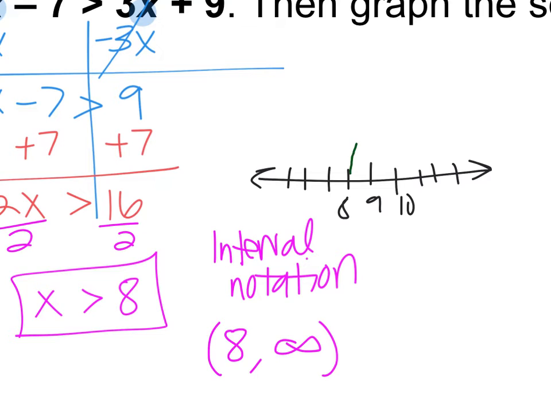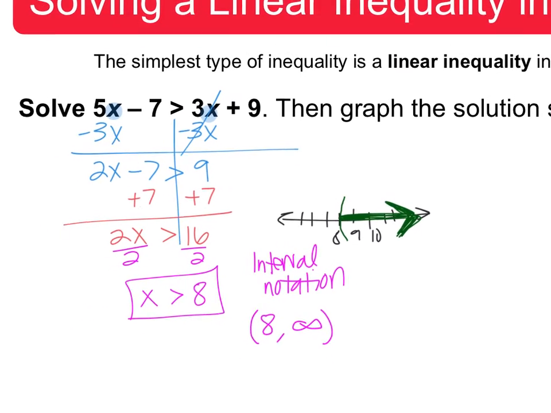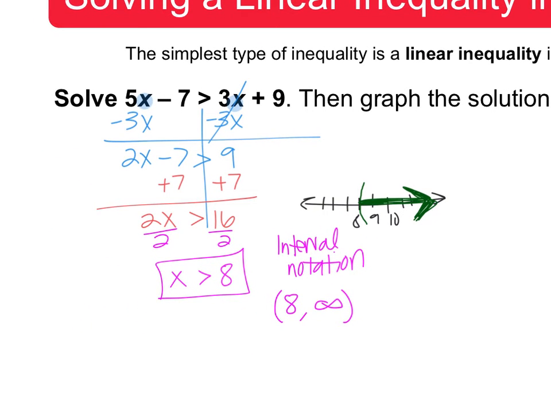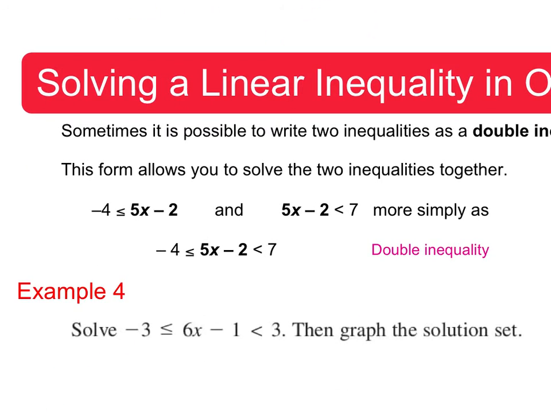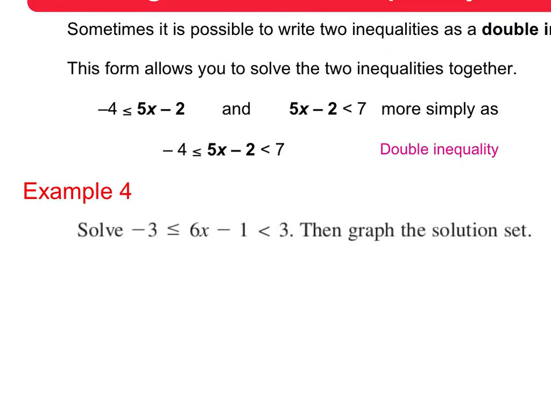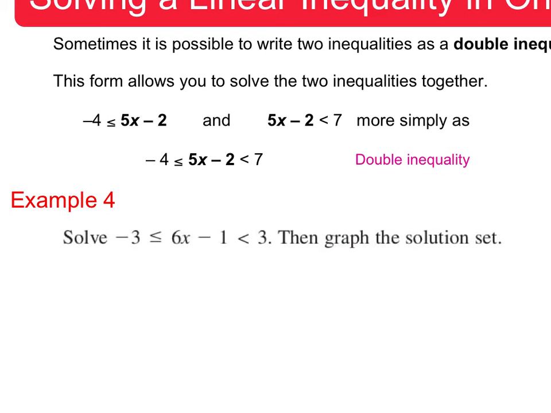So we're going to put a parenthesis on 8 and then everything greater than that. So we're going to draw a nice thick line with arrows at the end. So there's our graph for that solution set. We did not have to flip the sign on this one at all, and the majority of the time you don't have to. But we do want to be aware of when we do need to.